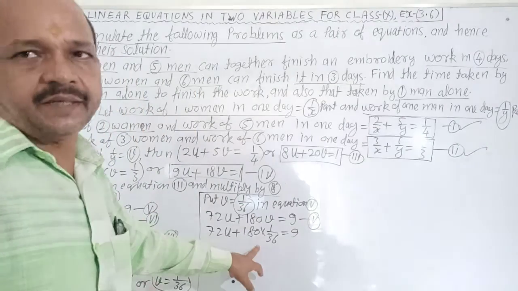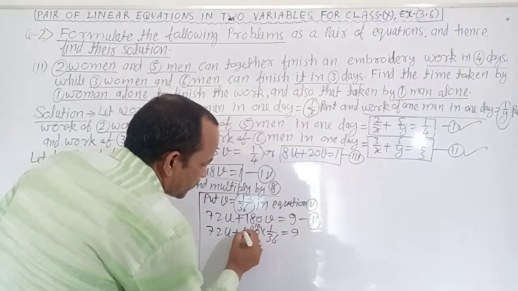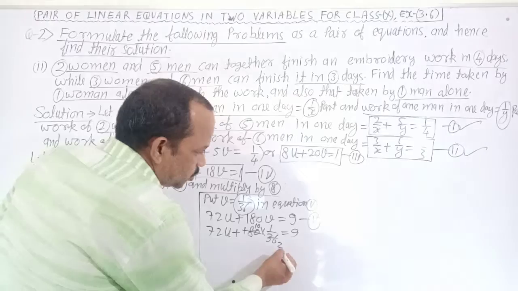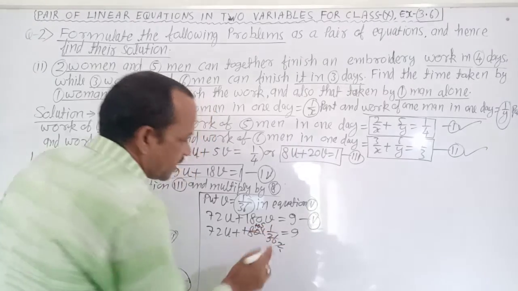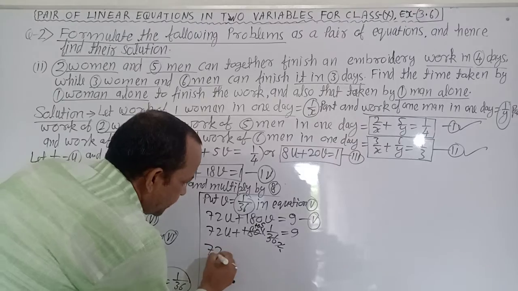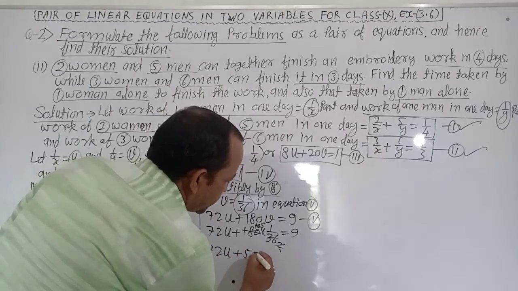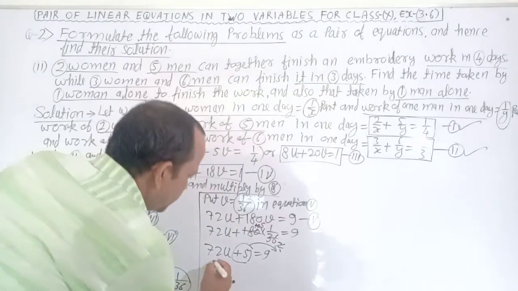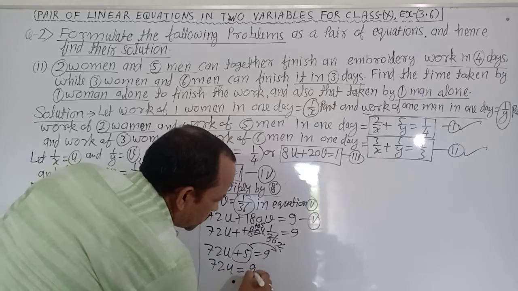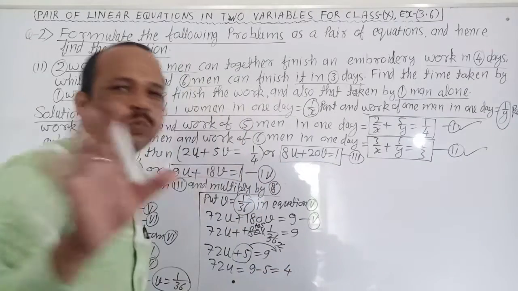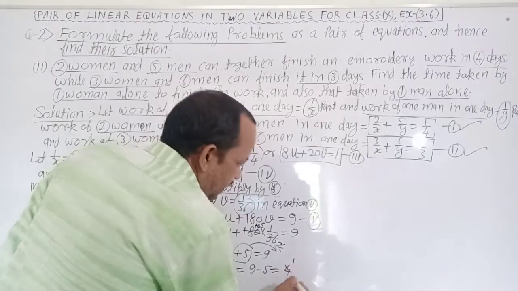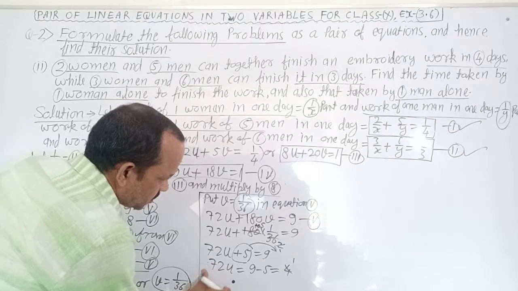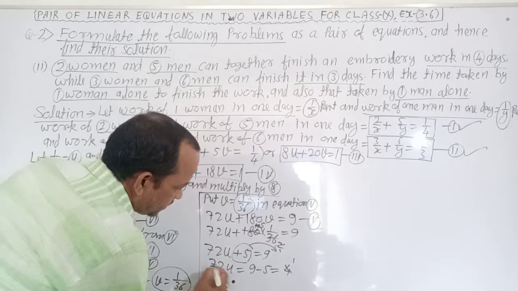Clear? You cut it. 18 10s are 180, 18 2s are 36. Here 2 1s are 2, 2 5s are 10. Clear? It becomes 72u plus 5 equal to 9. You write 5 on right side of equal. It becomes 72u equal to 9 minus 5 equal to 4. You cut it. 4 1s are 4, 4 18s are 72.